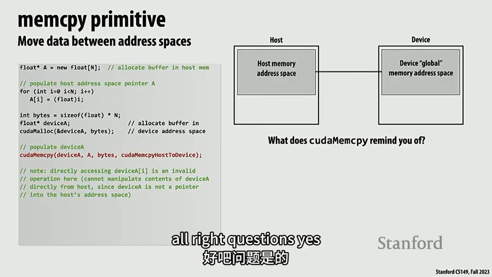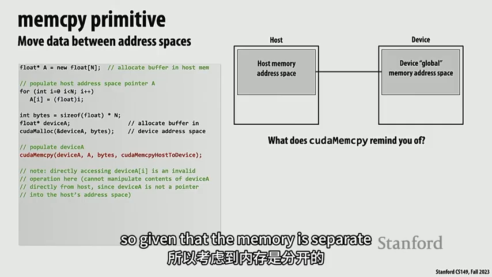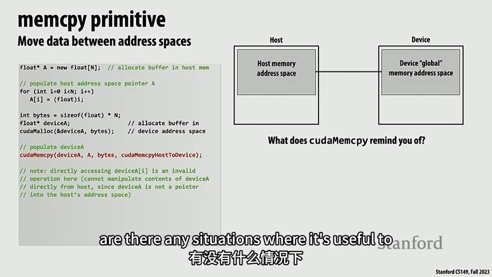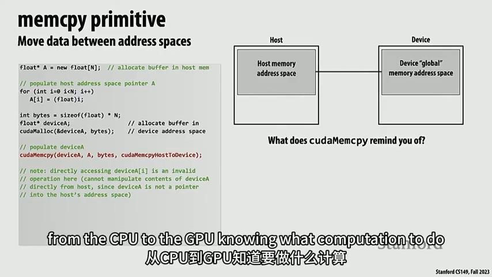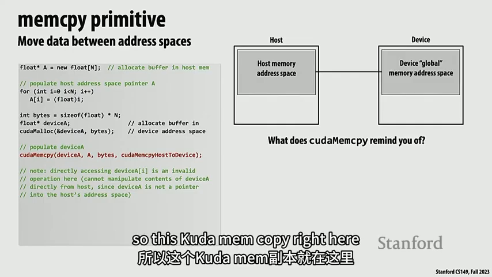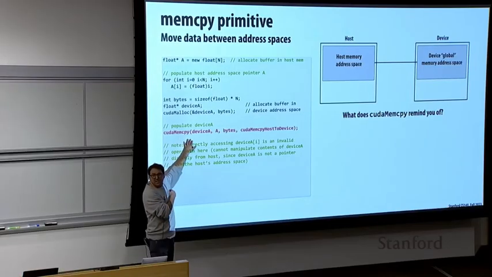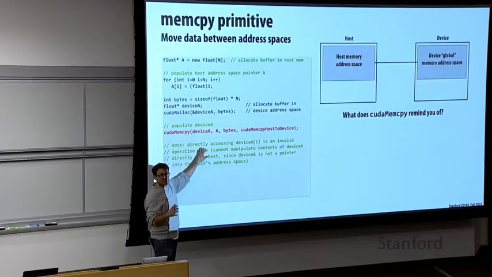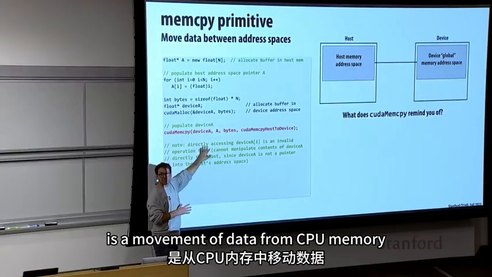All right, questions? Yes. Given that the memory is separate, are there any situations where it's useful to prefetch data from the CPU to the GPU, knowing what computation to do? Absolutely. So this CUDA memcopy right here, now we're talking about implementation, is a movement of data from CPU memory.